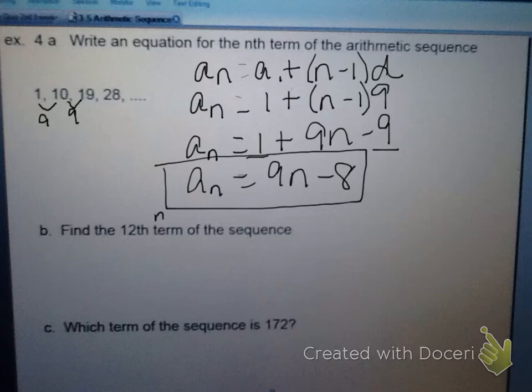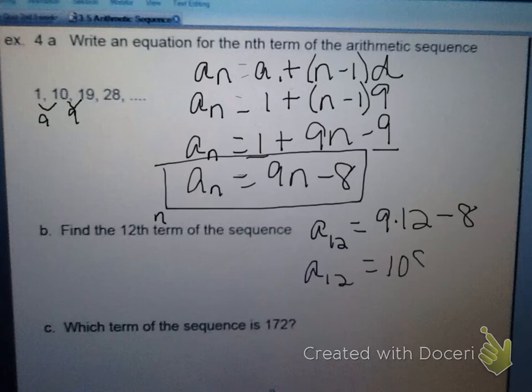Again, term stands for n. So wherever I see n, I'm going to plug in 12. So that's a sub 12, meaning the 12th term is 9 times 12 minus 8. 9 times 12 is 108 minus 8. So that is saying the 12th term is 100.